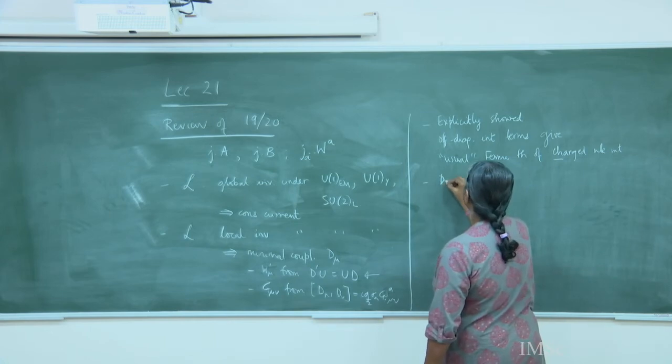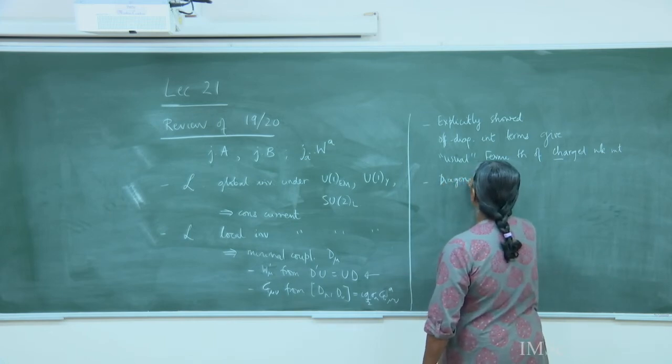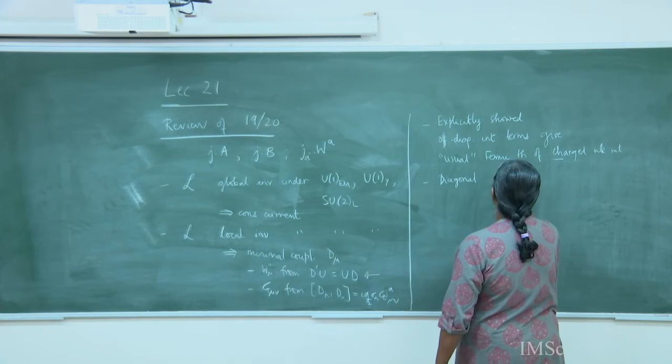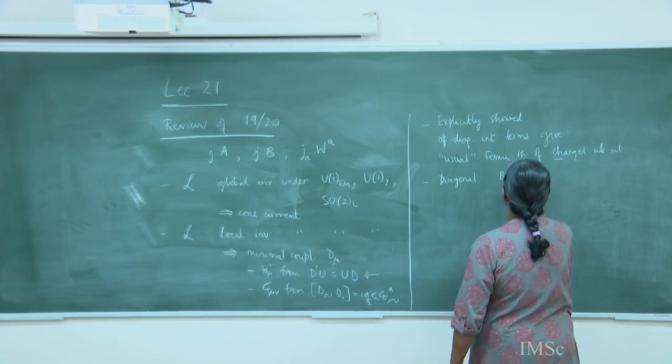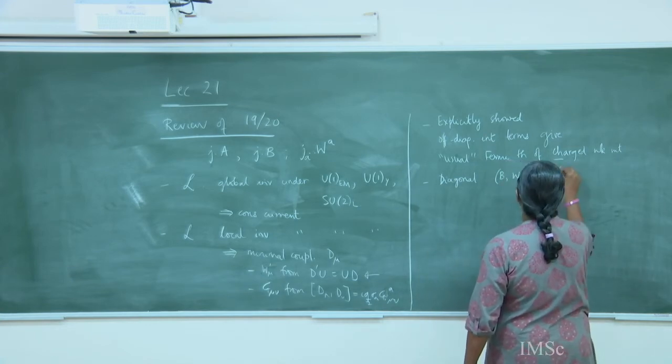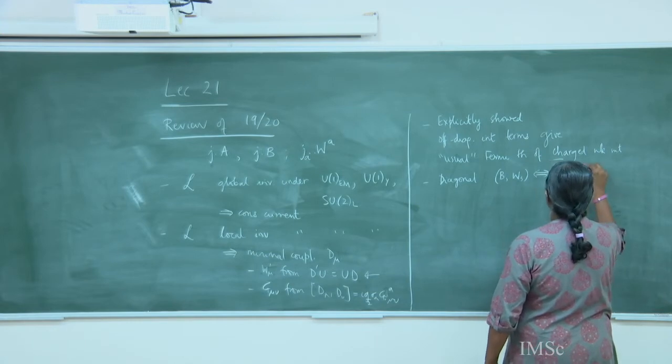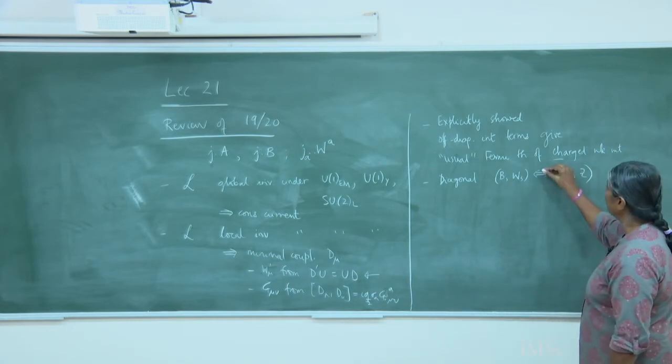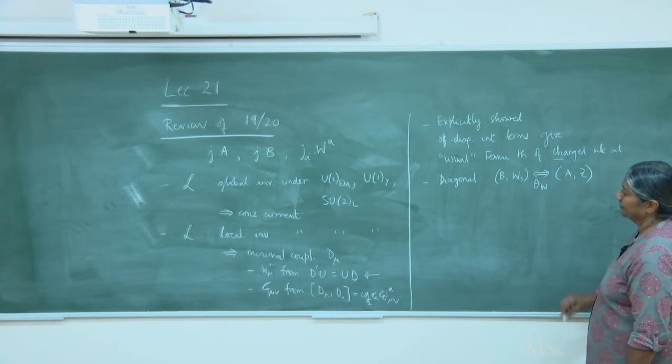Then for the diagonal piece, we wrote BW3 in terms of AZ using an angle which is the Weinberg angle theta W.